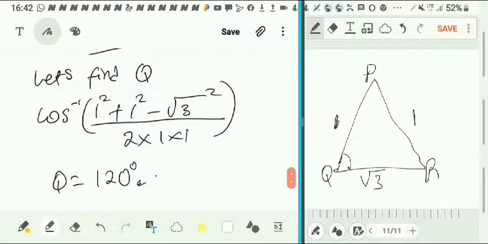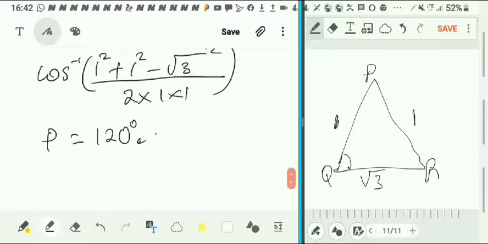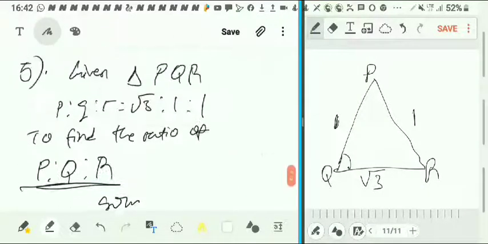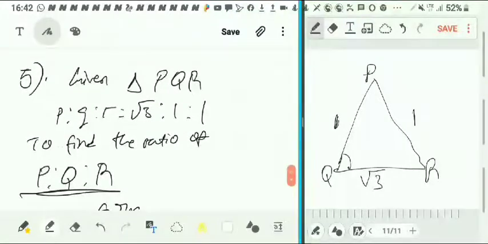Sorry, I'm solving for P. Sorry, this should not be solving for P. So to find P, P is equal to 120 degrees. Now, if P is 120 degrees, from the question, P to Q to R is root 3, 1, and 1.